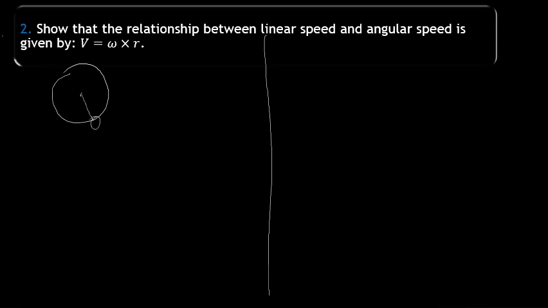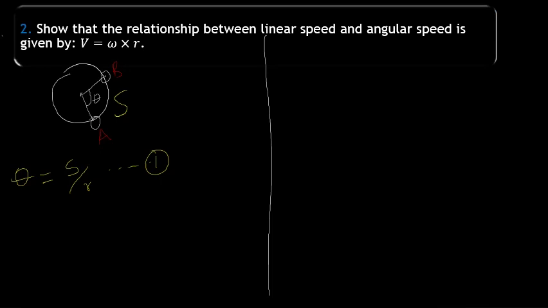If an object moves from this point to this point, an angle theta will be swept through, and this distance AB, let me call it S. Now by definition, theta is equal to S over r, which is the radius. Let's call this equation 1.